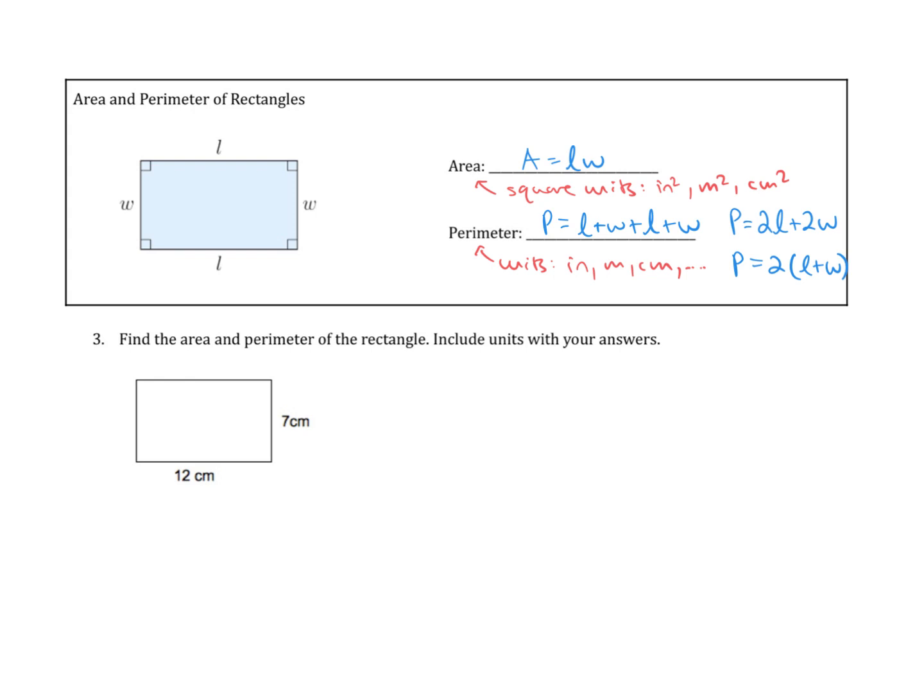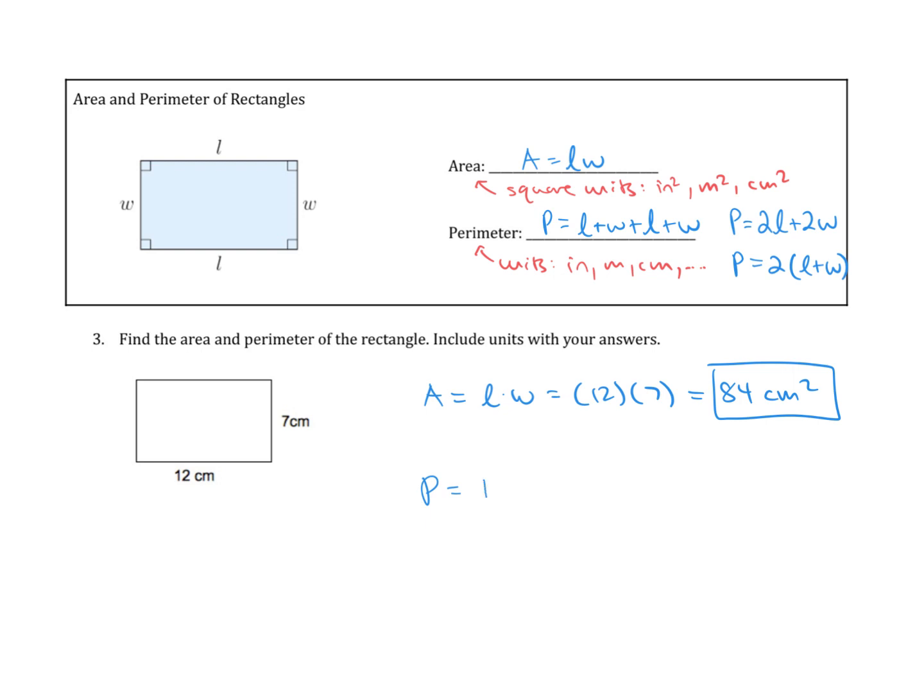Okay, let's look at an example. In number 3, find the area and perimeter of the rectangle. For the area, we just multiply length times width, which is 12 times 7, and that's 84 square centimeters. And for the perimeter, we just add up the sides.